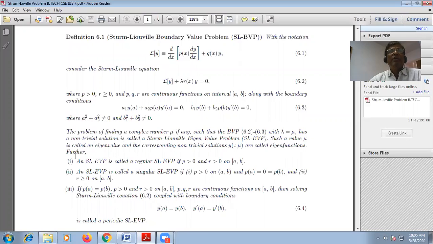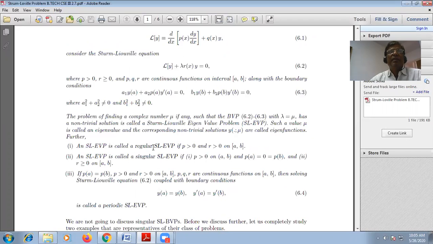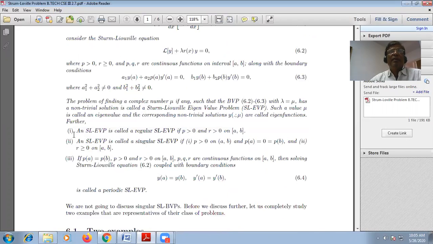Such a value of mu is called an eigenvalue, and the corresponding non-trivial solutions y are called eigenfunctions. Further, it is important for you to note that an SL EVP is called regular if these conditions are satisfied on the closed interval [a, b]. Also, an SL EVP is called singular if these other conditions are satisfied.